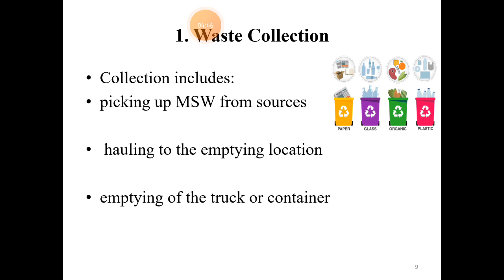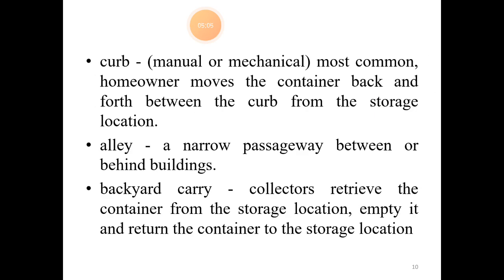Step one is collection of solid waste. It includes picking up of solid waste from the sources, handling and emptying of trucks that carry solid waste from the sources. Sources of solid waste include curbs, alleys, and backyards.